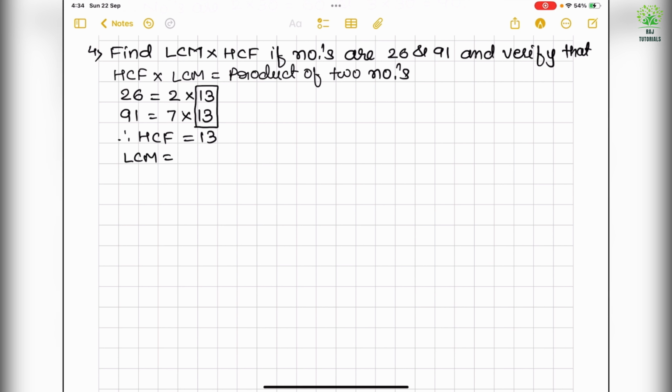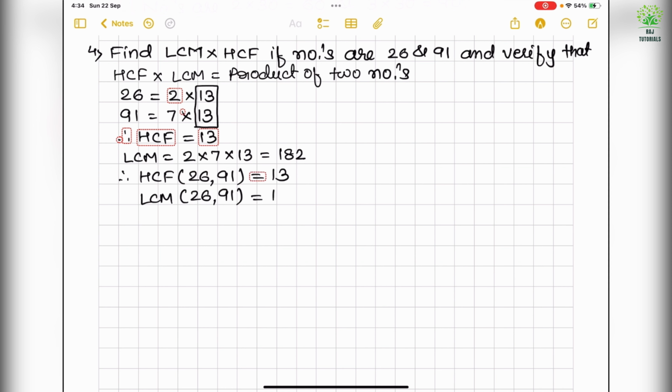So therefore HCF equal to 13 and LCM will be equal to 2 into 7 into 13, that is equal to 182. So HCF of 26 and 91 is 13, and LCM of 26 and 91 I got as 182.